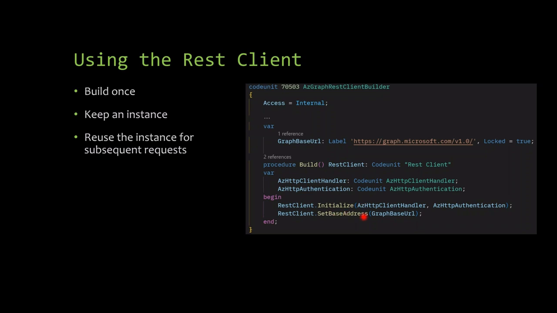And I set a base address to the graph base URL. So this is a one-time setting. It returns the REST client from the build procedure. So it's a small code unit that only builds and initializes the REST client.